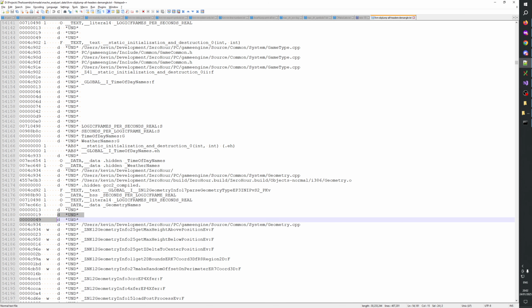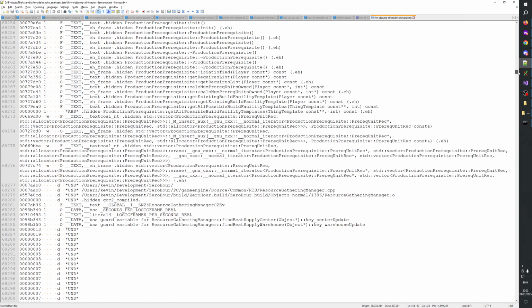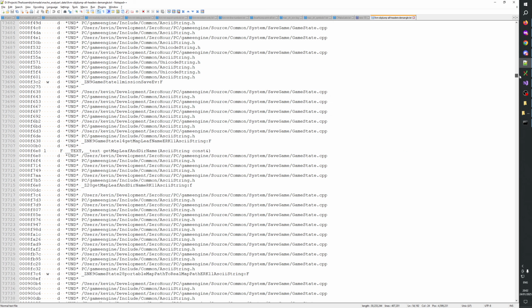Data. Game state. ASCII string. Get map leaf.